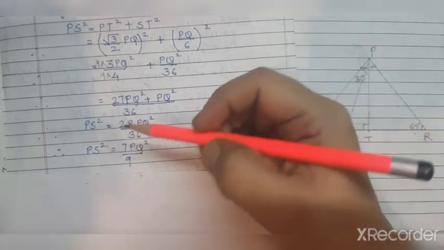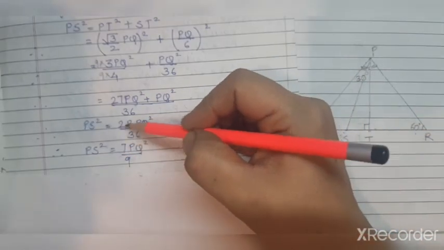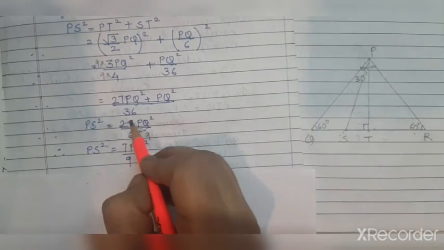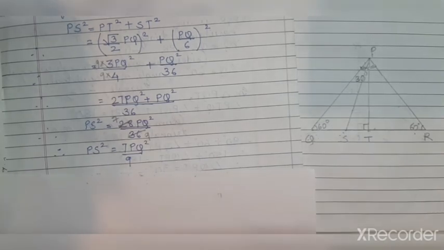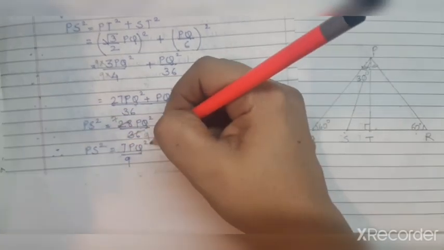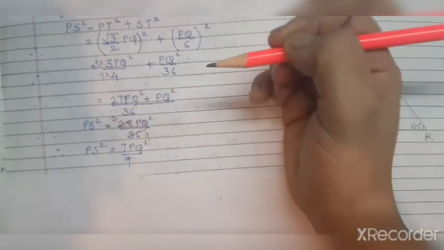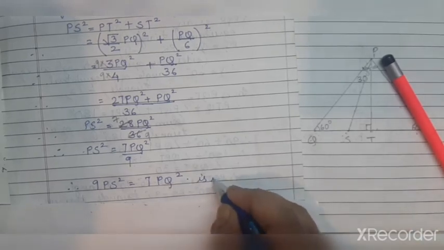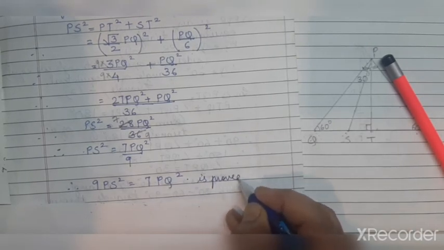So what we do is, we try to solve this. 4 7s are 28 and 4 9s are 36. When we reduce this, we get 7 upon 9 PQ square. And now just shift the 9 to the other side. 9 PS square is equal to 7 PQ square. Proved.